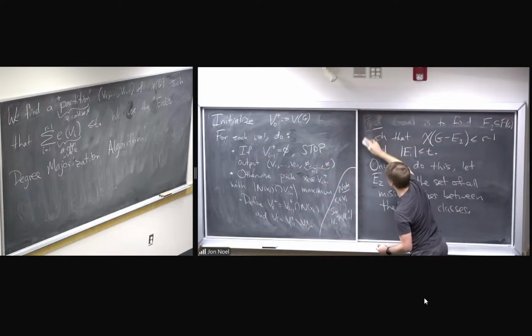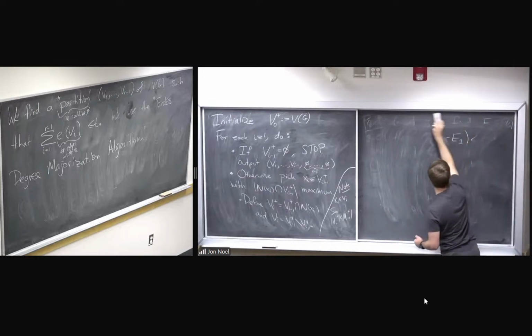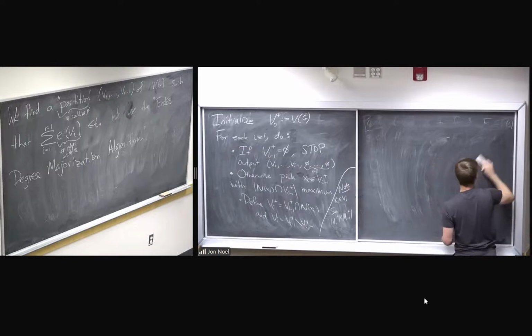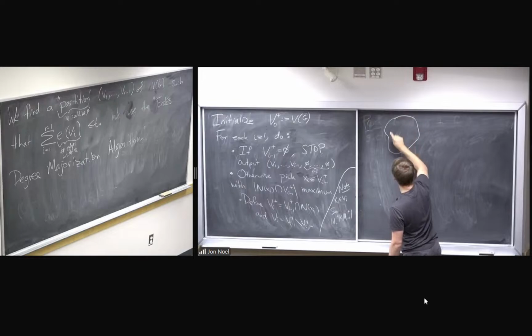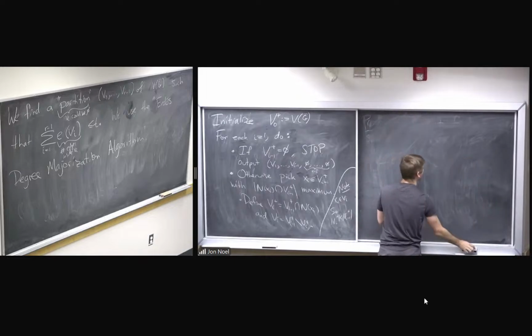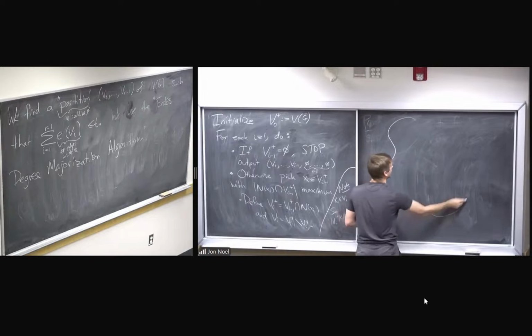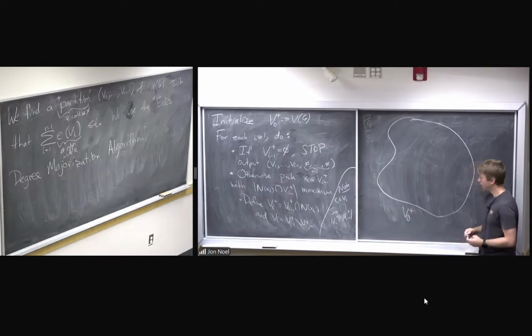Let me maybe draw a picture. So at the beginning of the algorithm, we've got the set V0 plus, which is everything. Maybe I need a bigger picture. First step, we check, okay, is this empty? It's not.